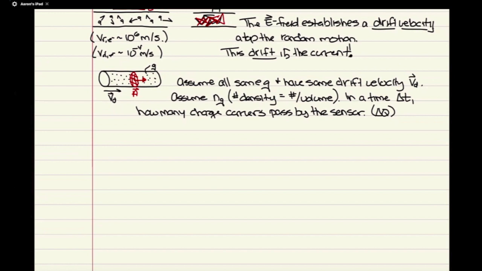So going back up to this diagram, we can think about shading in the volume that corresponds to the region that will pass by the sensor. If I just started the clock and let all these charges start to drift, they would all start to drift their way to the right. The charges that are immediately at the sensor would immediately pass by the sensor and get logged.